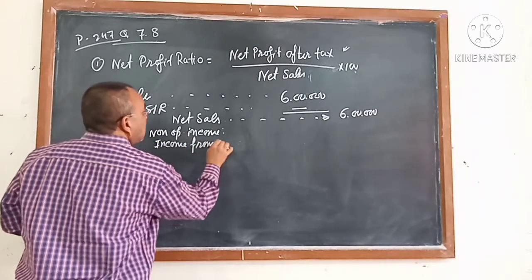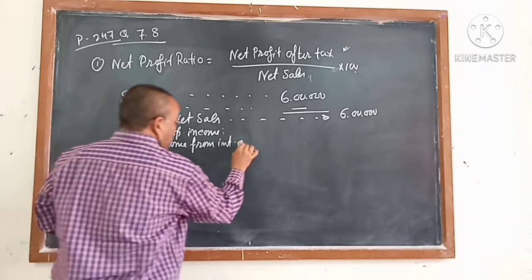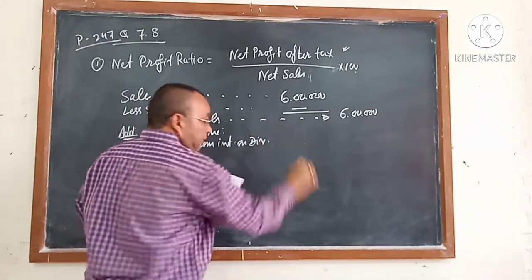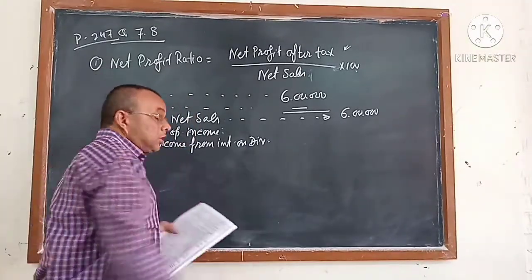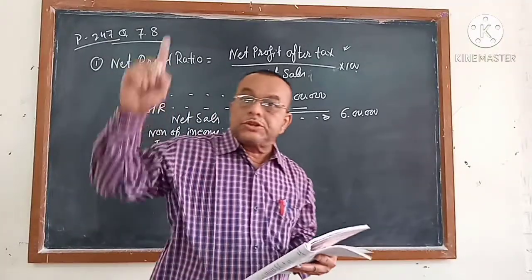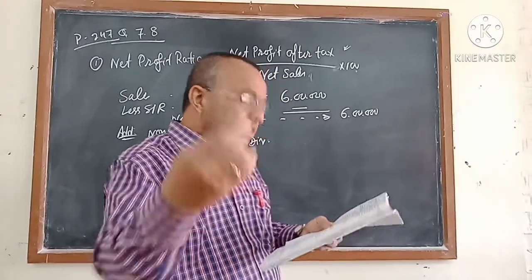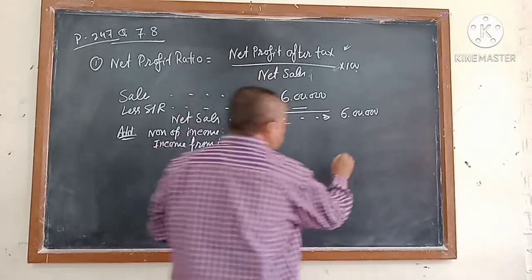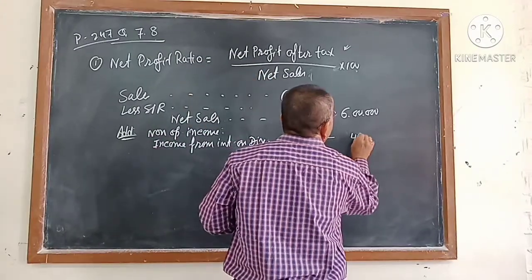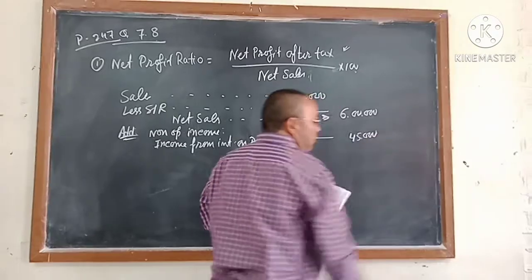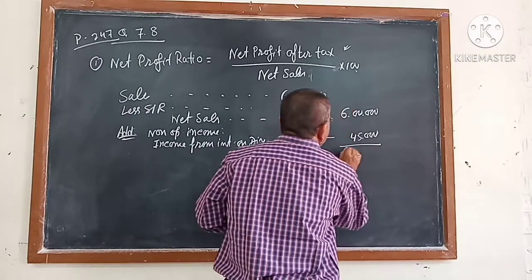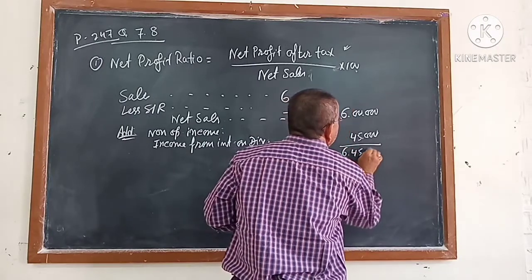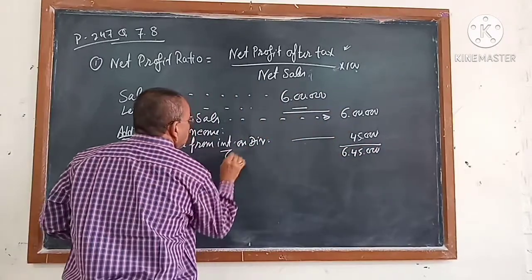Actually, income from interest on dividend, it comes in the profit loss account credit side. So that is your income, which is coming 45,000. So what we are going to find out? We are going to find out the total income. If we add, we will get 6,45,000, which is your total income.